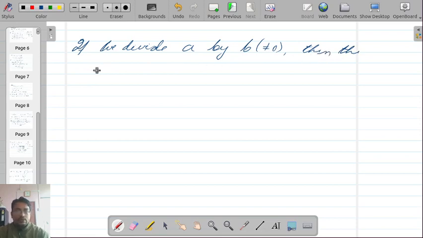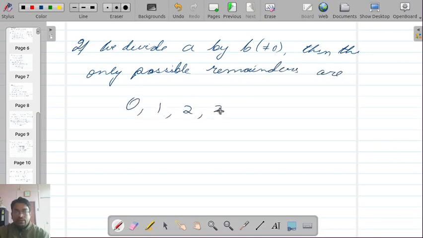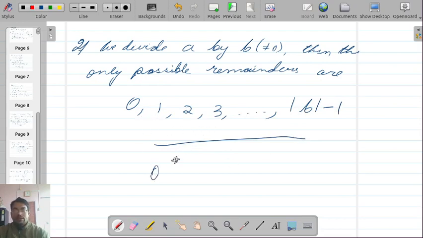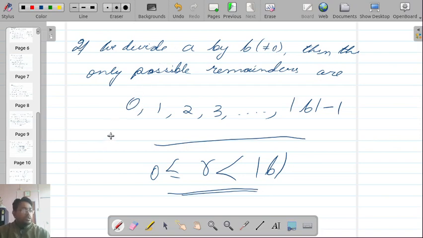They are 0, 1, 2, 3, up to mod b minus 1. These are the only possible remainders, because the remainder has to satisfy 0 less than or equal to r strictly less than mod b. So that was the division algorithm. In the next lecture we will do some problems which make use of the division algorithm.